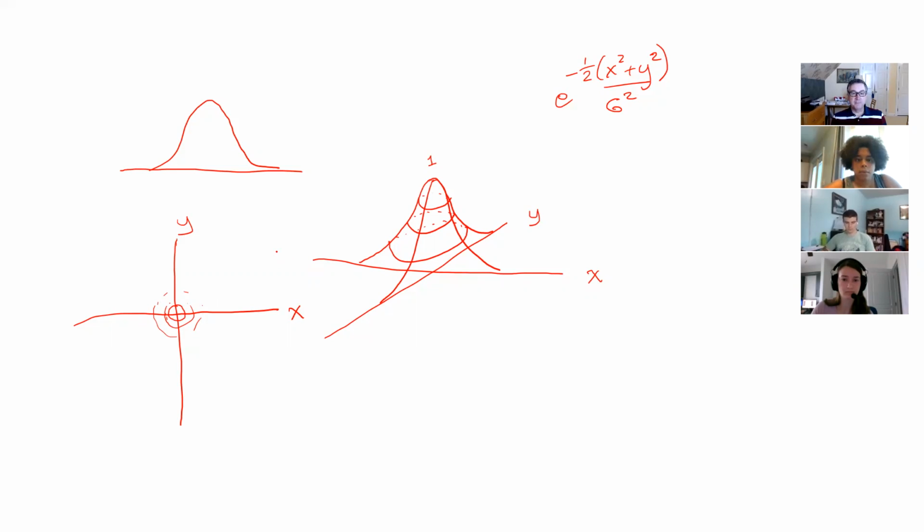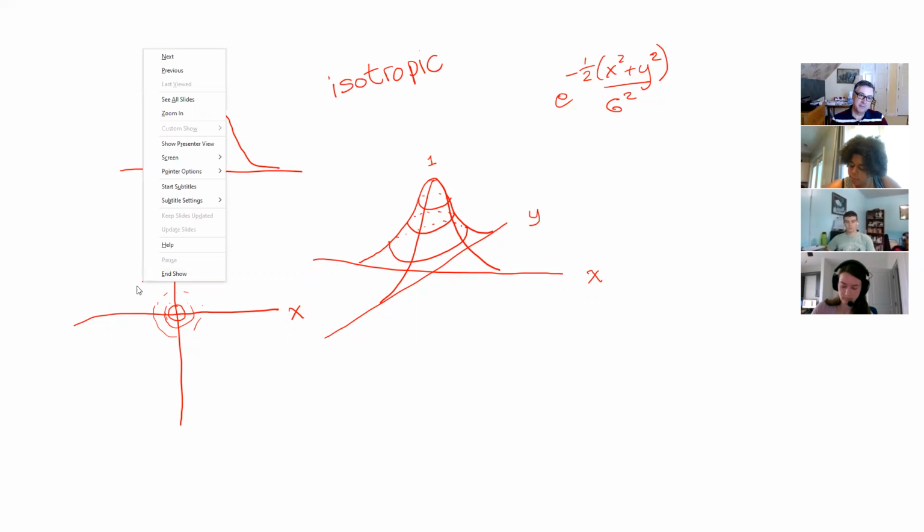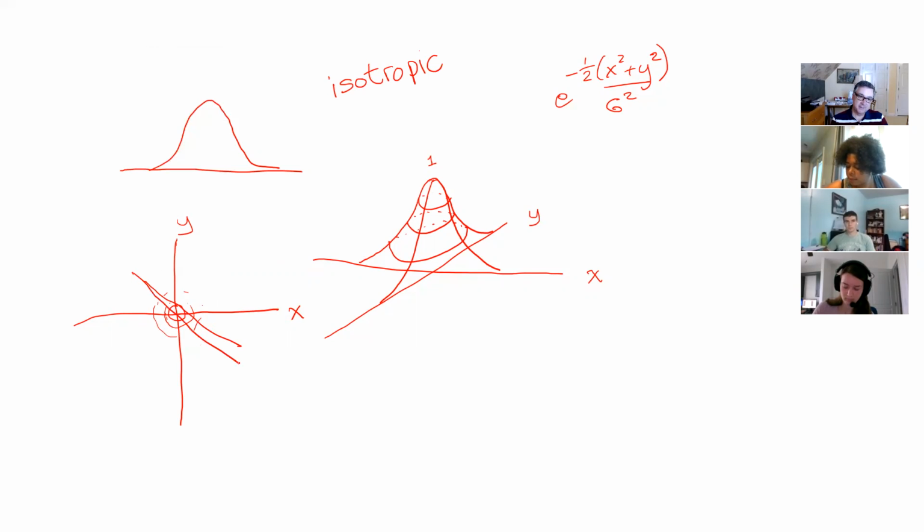My point about it being circularly symmetric, or the term that gets used a lot, isotropic, meaning the same in all directions, is that if I did a cut through the origin at any direction, it would look the same. That's what I mean when I say it's circularly symmetric or isotropic.